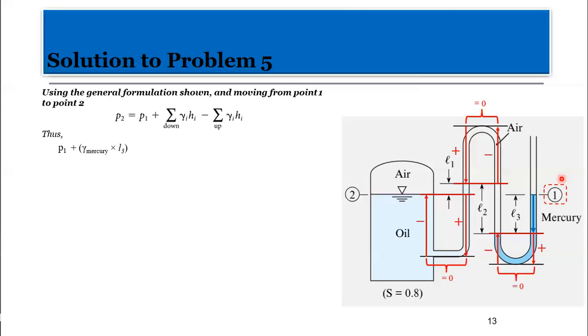This is it, okay? Gamma L, but the gamma here is what? Gamma mercury. Remember, we are going down, so positive. Then minus the pressure due to what? The air column, which is gamma air times what? L2. This is the height, right? So it's also moving up, negative.